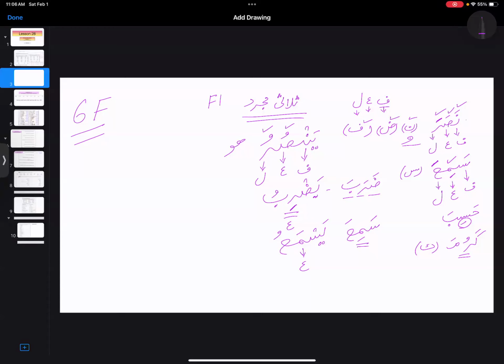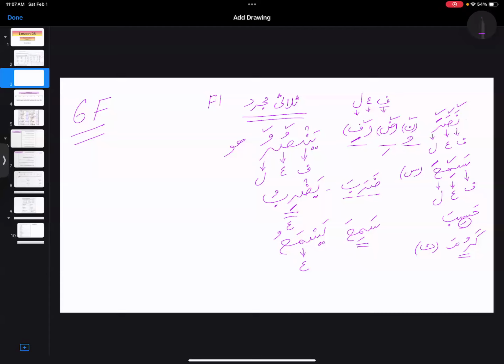When I say bab Daraba, it means the middle root letter is going to take a Kasra. When I say bab Fataha, it means the middle root letter is going to take a Fatha. Right? It's all a game of the middle root letter. So that's why you should be able to spot the different radicals or root letters.